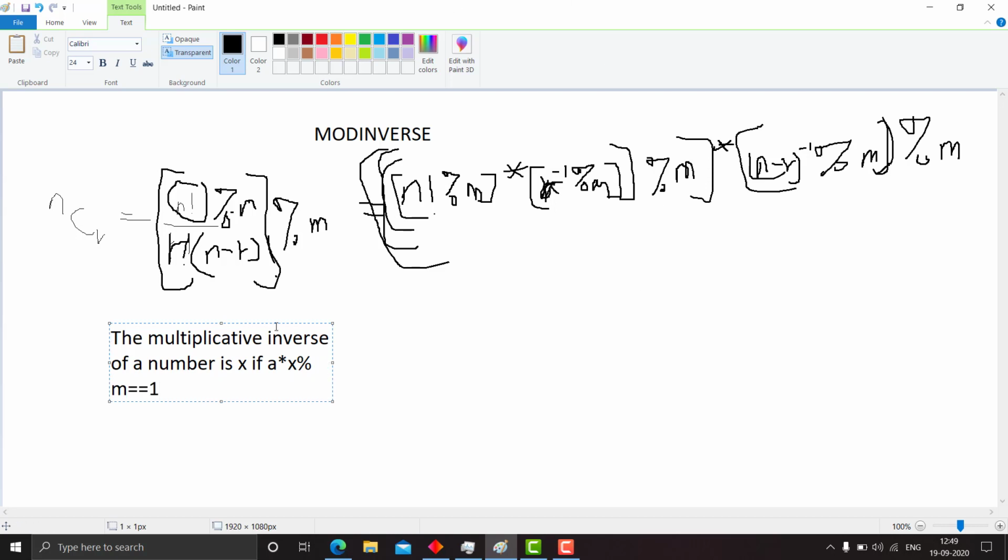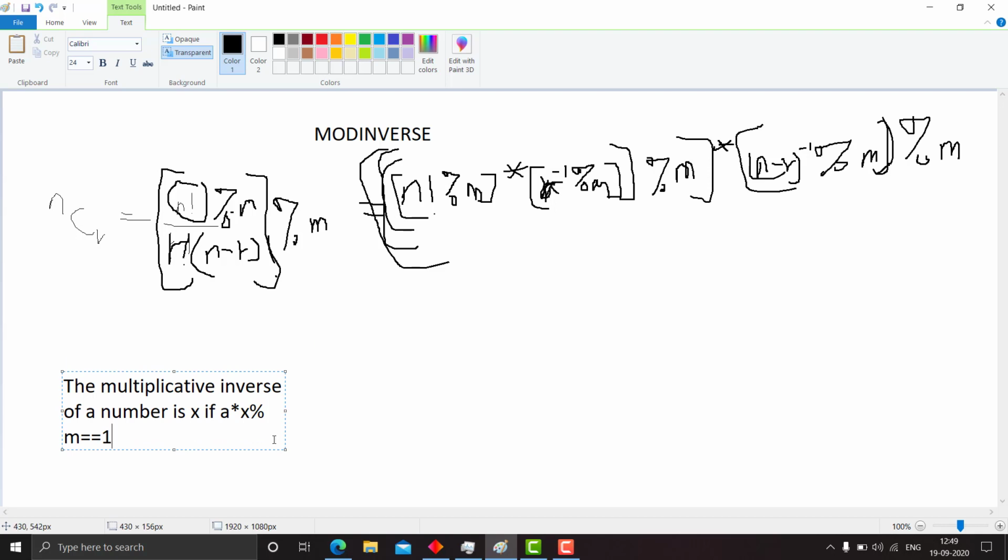This is the definition of multiplicative inverse. By definition, this is the rule.